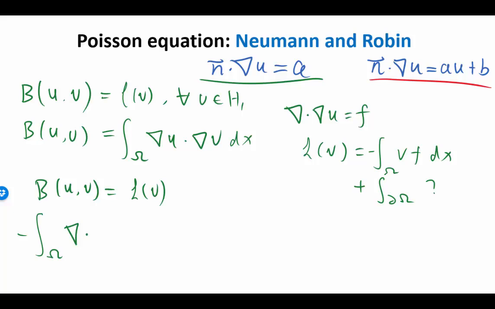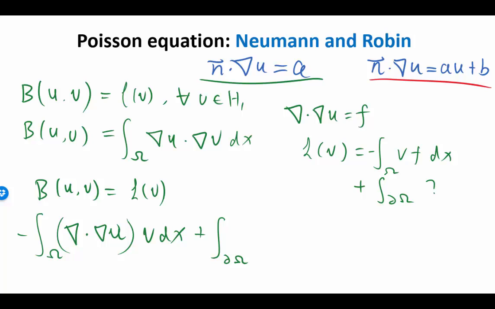we take the gradient from the v and put it as divergence in u times v dx, and here comes our boundary term. The boundary term, remember, when we are doing integration by parts, is another form of the divergence theorem.